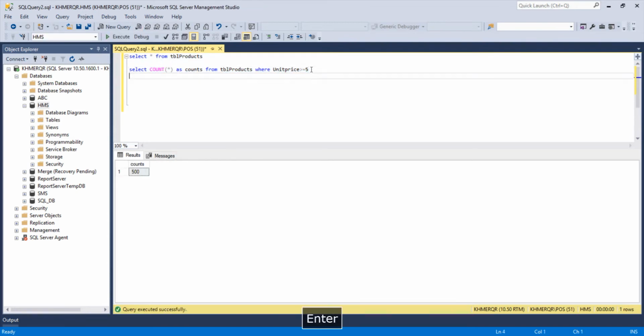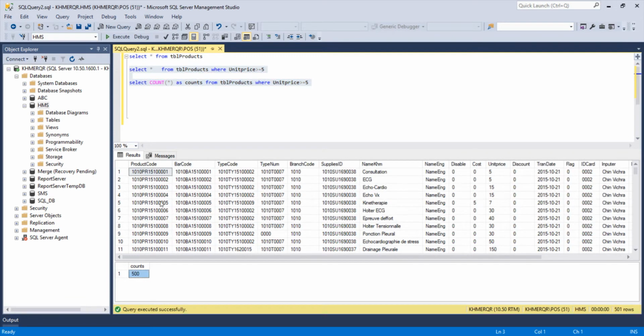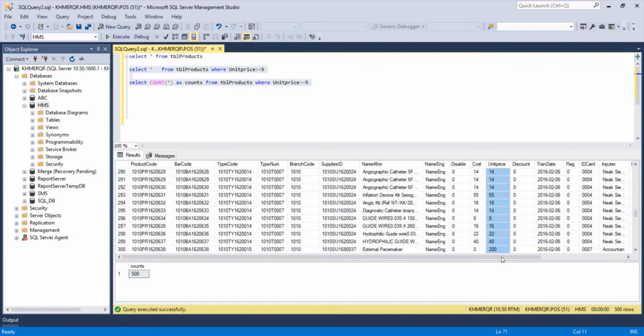We got 500 rows. So how to get this? You select count as this. So 500 rows we get from this, where unit price is bigger than or equal to 5.